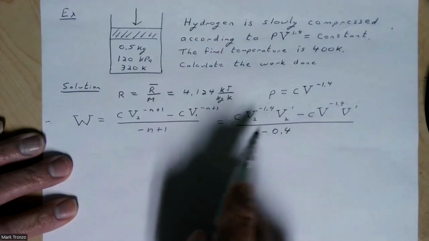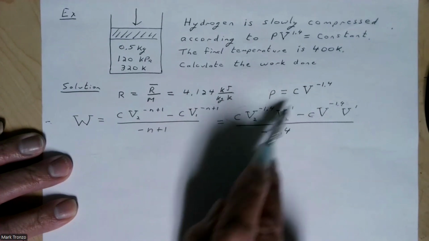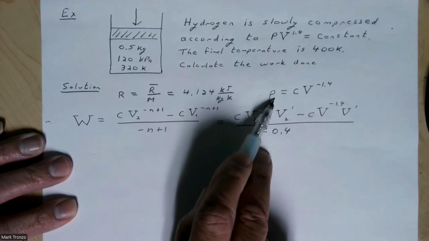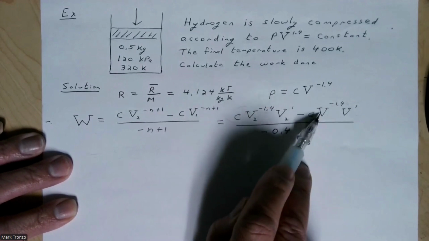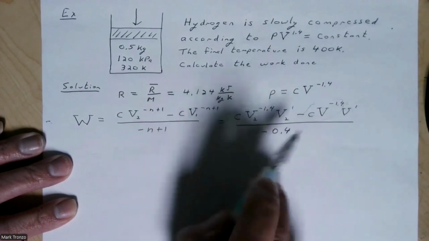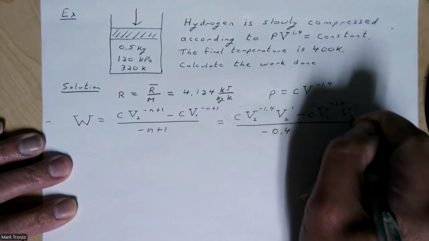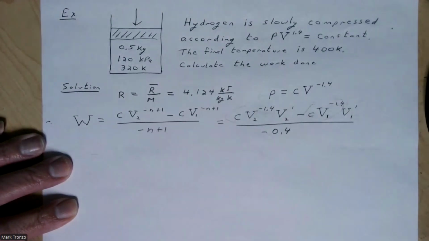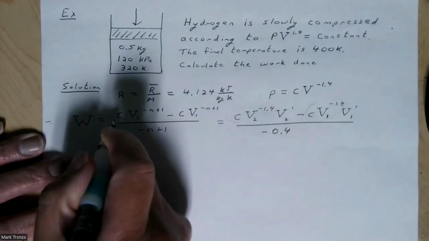And then we'll replace, notice what we have here, C V to the minus 1.4. We'll replace that with P here and replace this with P here. So I'm replacing these quantities. Of course, actually, this is V sub 1 here, so we'll replace this with P2 and this with P1.